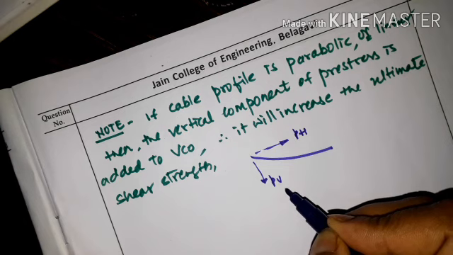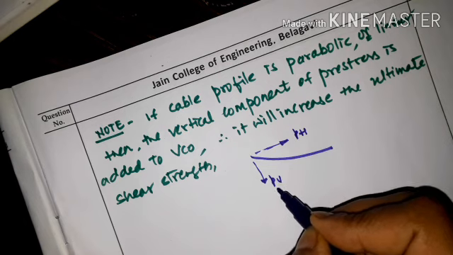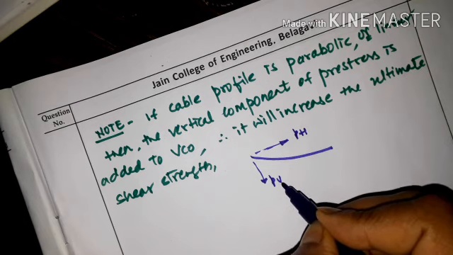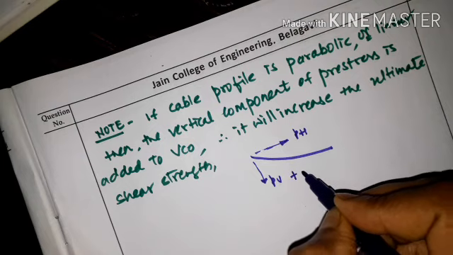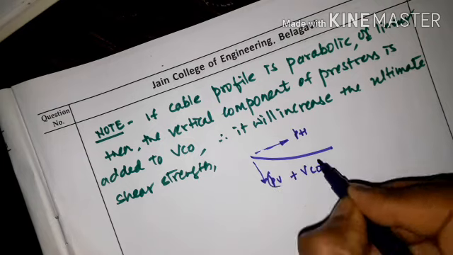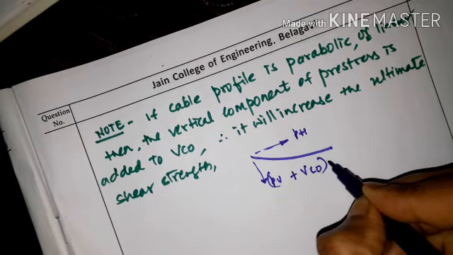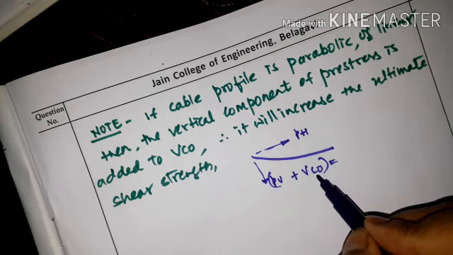The shear developed in the concrete, this force plus the VCO total will increase the shear capacity, because this will also try to compress, and it will improve the shear capacity of the concrete.